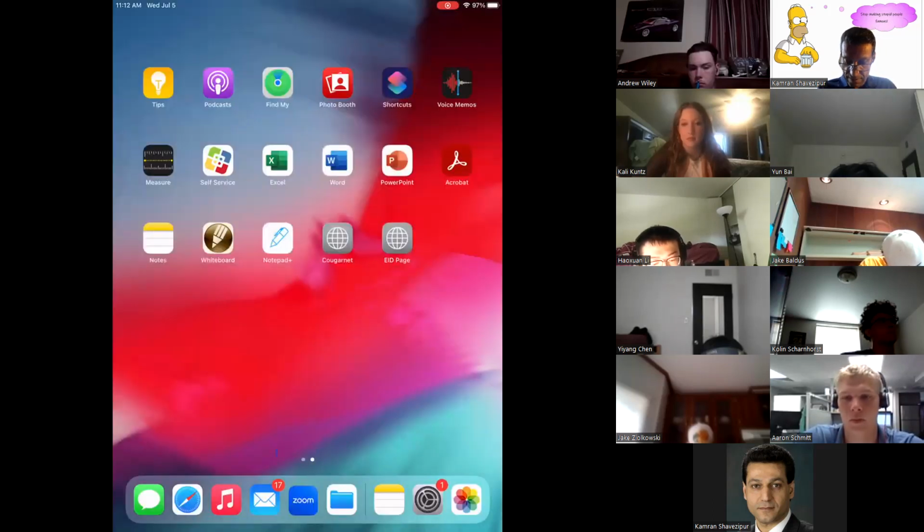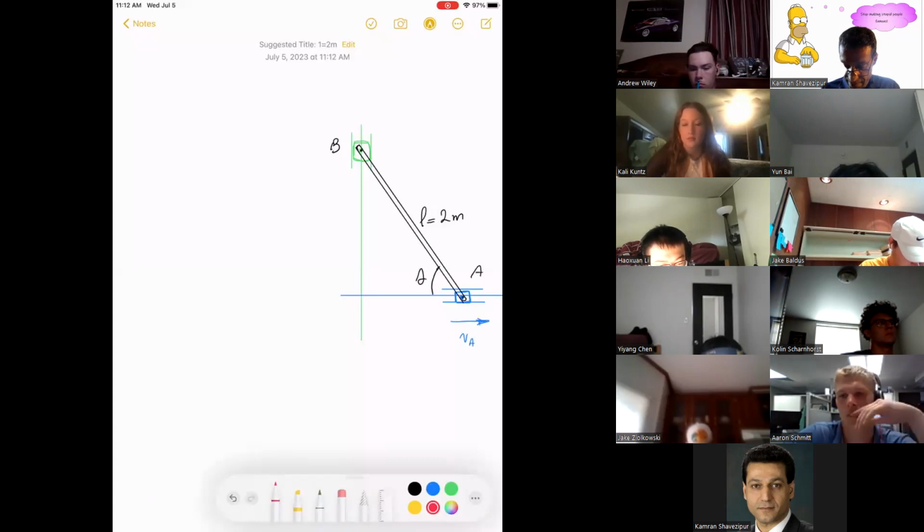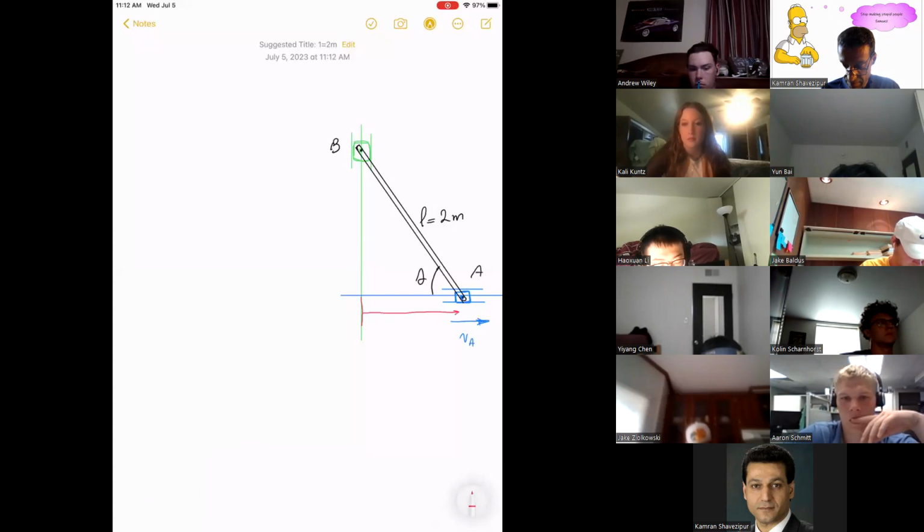So this is how the problem looks, right? The problem says A has a velocity of VA going to the right. And let's say I want to consider the position of A. This is my reference for the position of A, I'm going to call this XA.